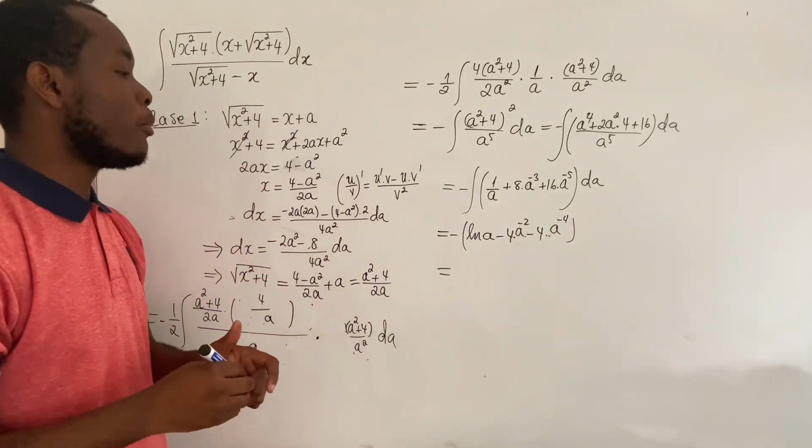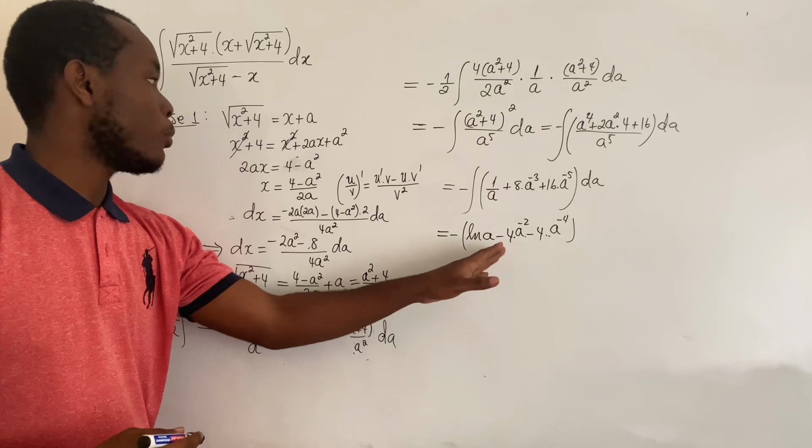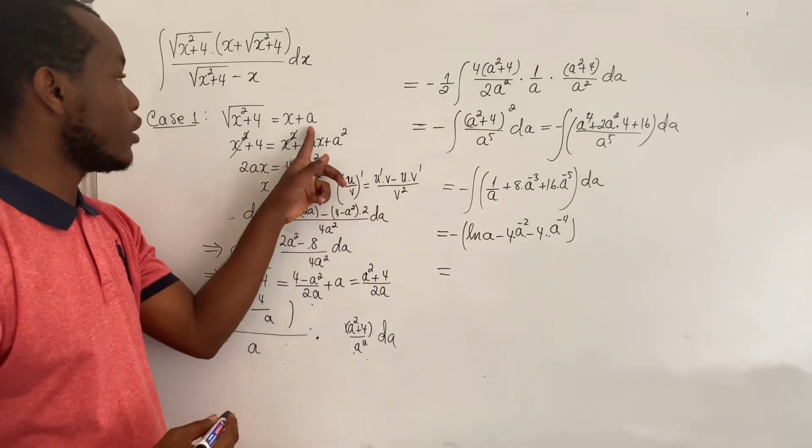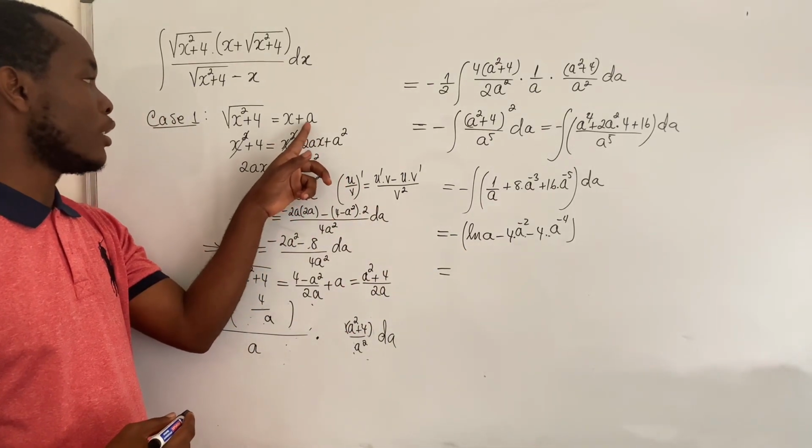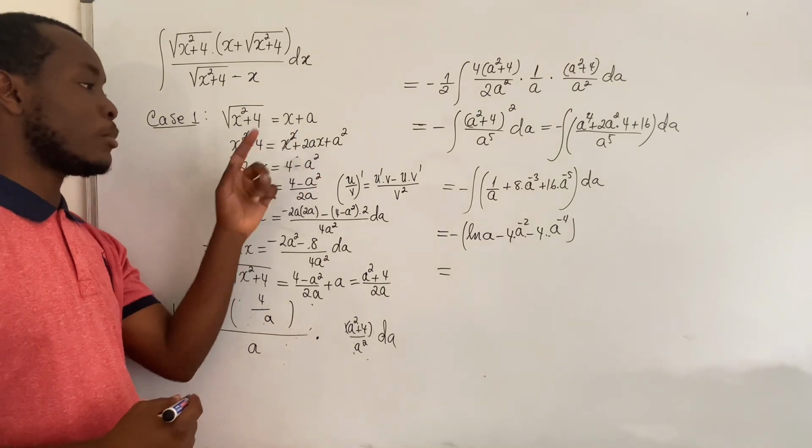But our problem was not given with respect to a, it was given with respect to x. So if we isolate a from the beginning, where we laid out the substitution, x will be subtracted on this side.